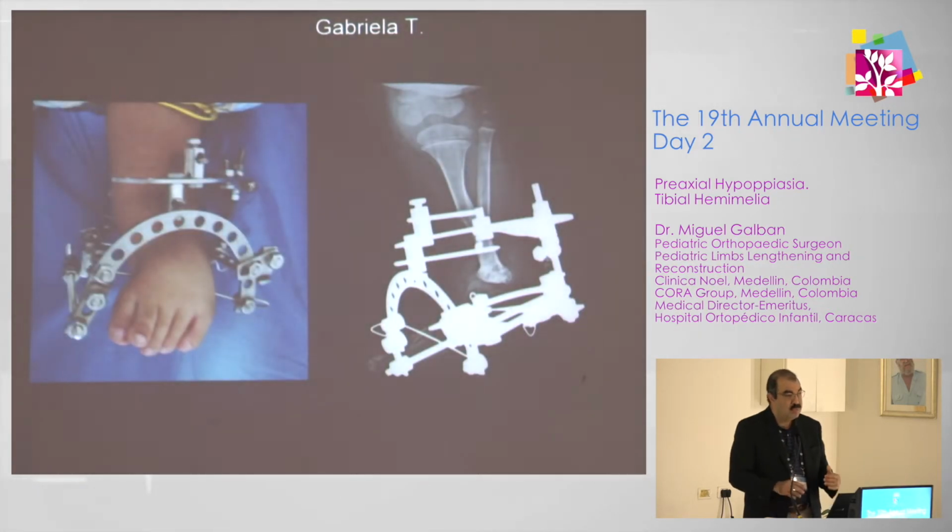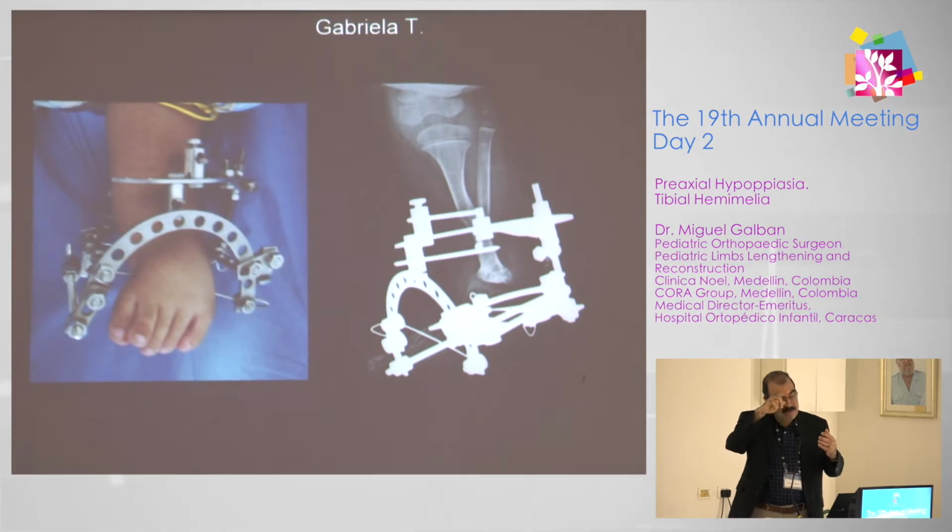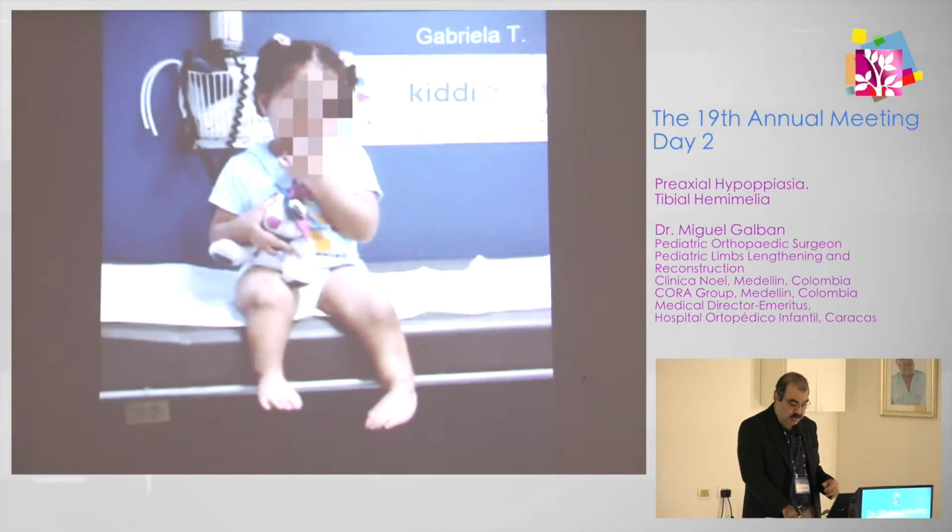I tried to make an ankle between the fibula and the talus, but it always fails because there's a physis there. You put it straight, and 6 months later, you have a clubfoot varus again. So I think the better solution is to do the arthrodesis like the solution I showed you.